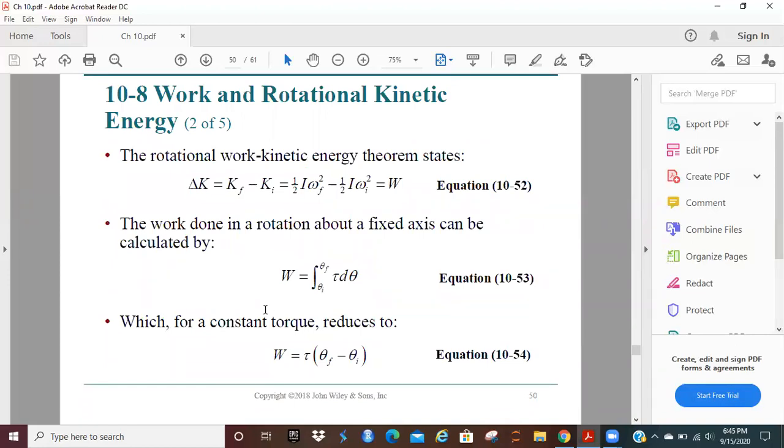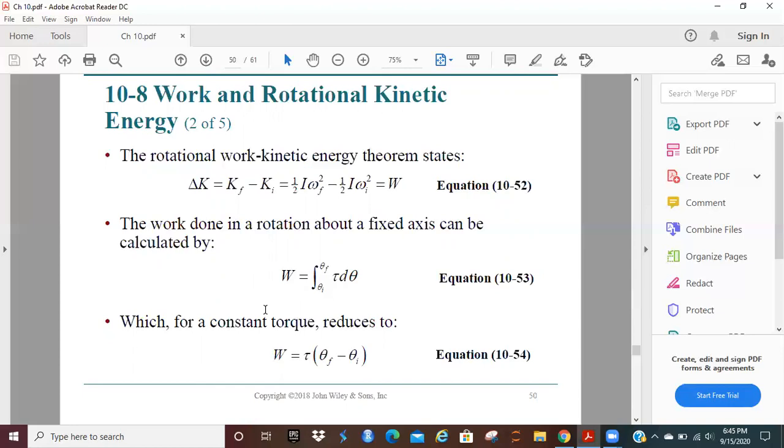So you'll also see some comparisons here between energy and work. The rotational work-kinetic energy theorem is going to state that the change in the kinetic energy is going to be the same as the change in the moment of inertia times the square of the angular velocity.